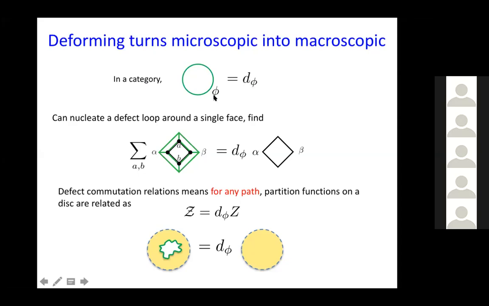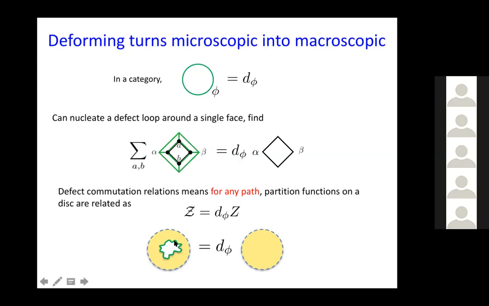We have this label phi in a defect. And again, category people, this is just called the quantum dimension of the object phi in the category. And when I make a defect, it's easy to check using the defect commutation relations and the explicit expression that this thing, if I have a closed defect of weight there, I can just get rid of it. And all it does is multiply the partition function.